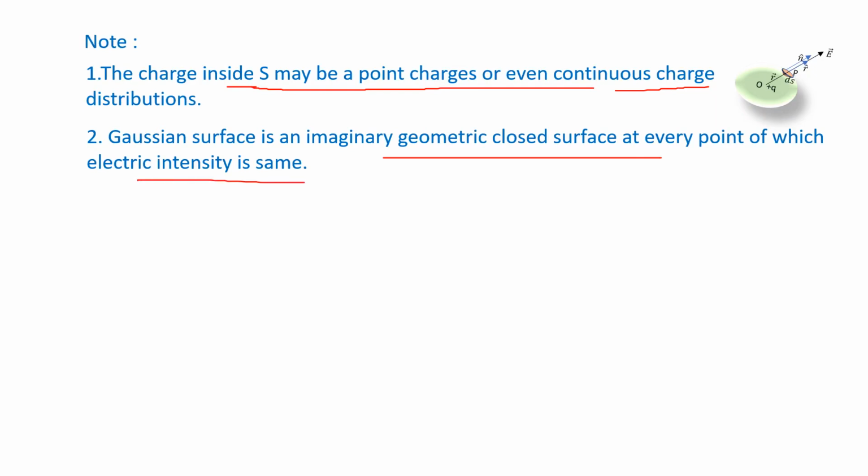So why have we chosen the Gaussian surface to be spherical? Because to make our calculation easy. To solve this integration E dot ds, this integration can be solved only when the electric field is constant, and for a spherical Gaussian surface the electric field has the same value, so it is constant, so it can be easily solved.